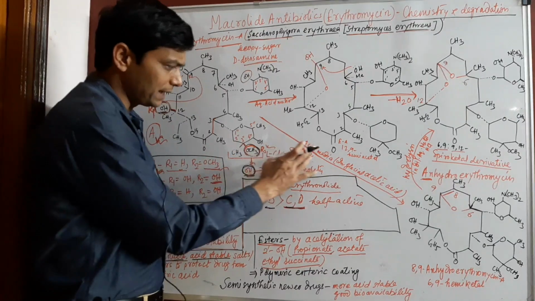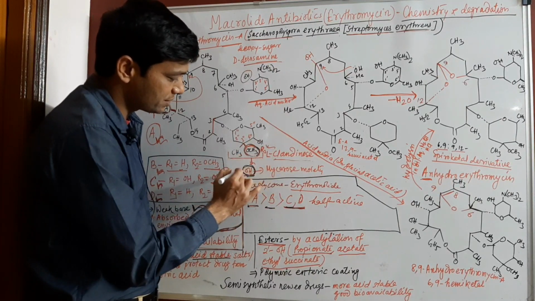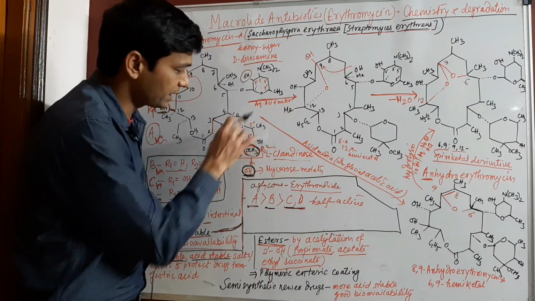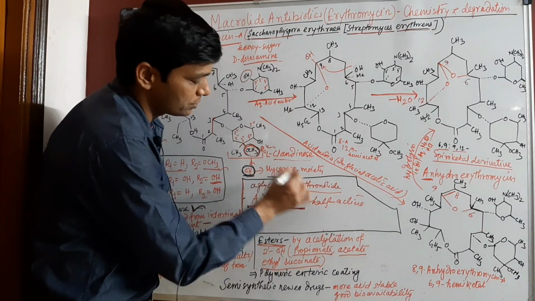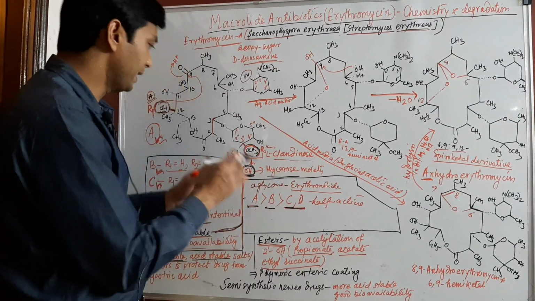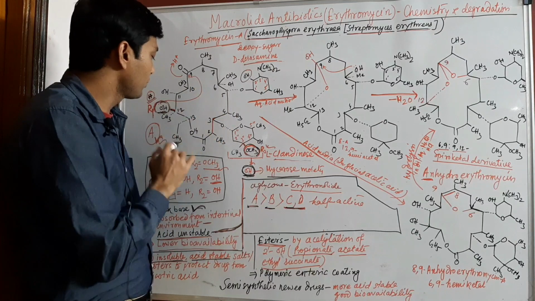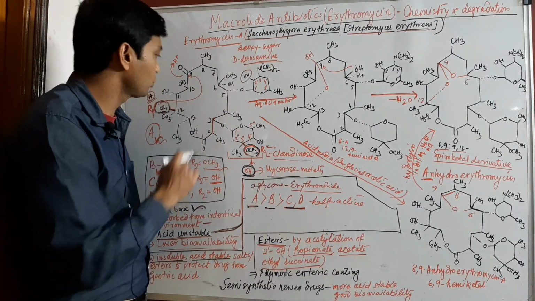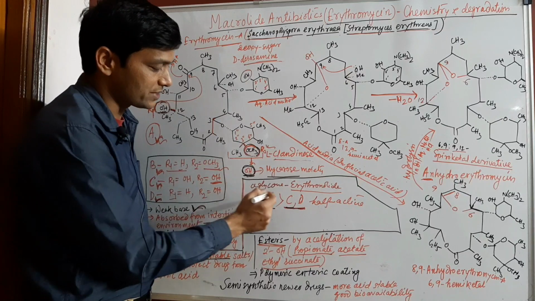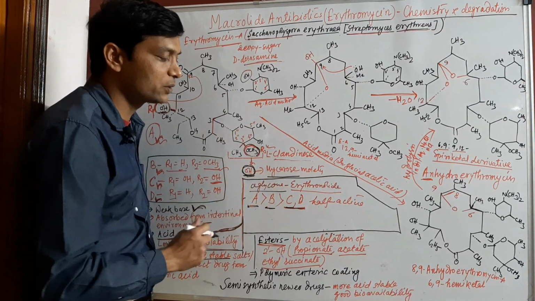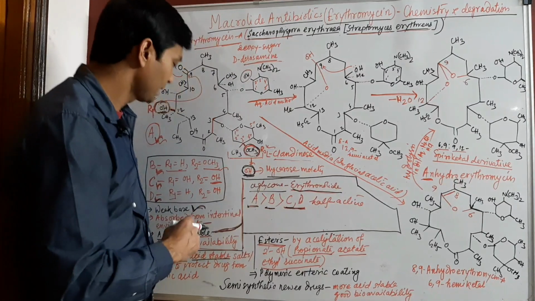Now, for the L-cladinose sugar, if this R1 is hydroxyl, that sugar moiety is known as the mycarose moiety. And the 14-membered macrocyclic lactone ring of erythromycin A, you can consider as the aglycone, and that aglycone is known as erythronolide.